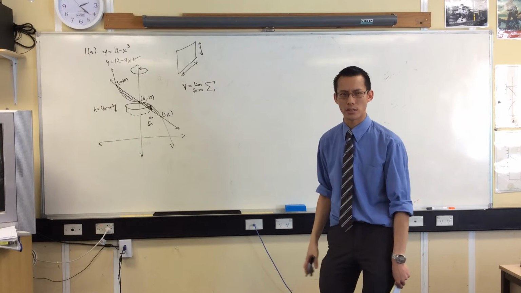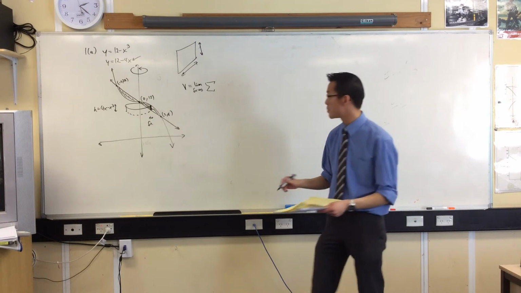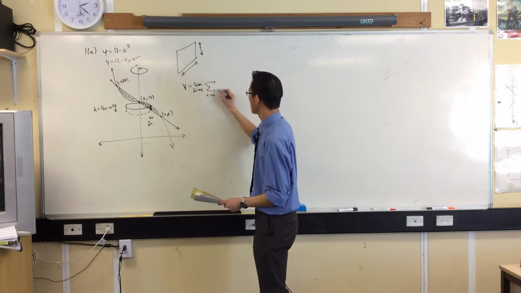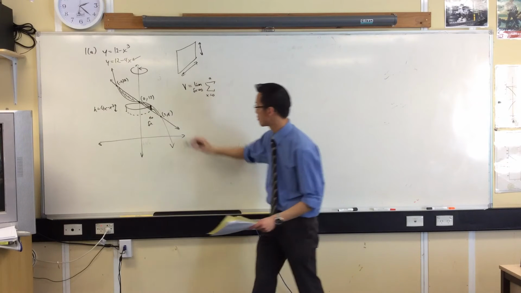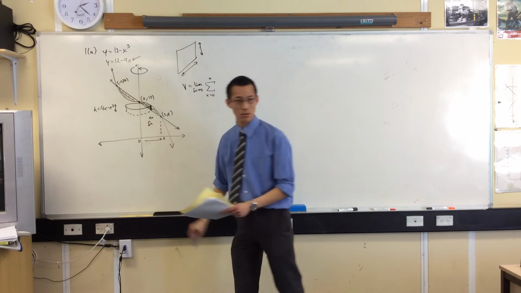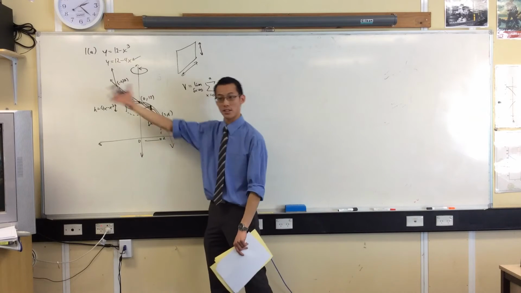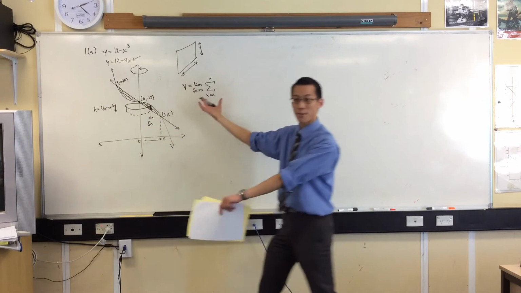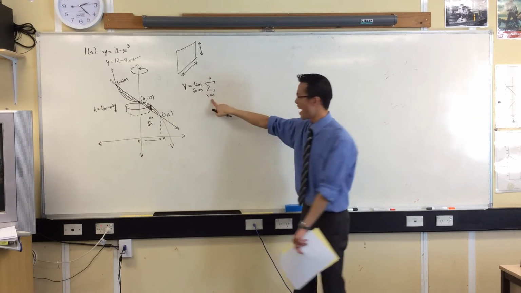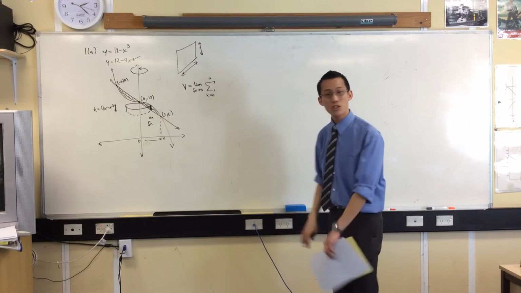What are my boundaries going to be? You had a couple of choices here. The way I went about it was to consider it from 0 to 2. I could go from -2 to 2, but I'm going to take advantage of the symmetry to halve the value that I'm going to integrate, and it gives me a nice easy thing to punch into my integral. You do need to justify that.